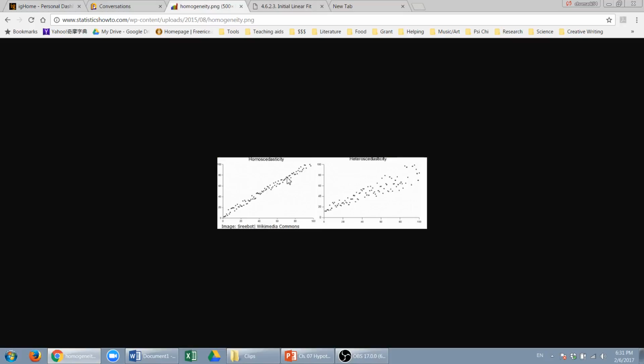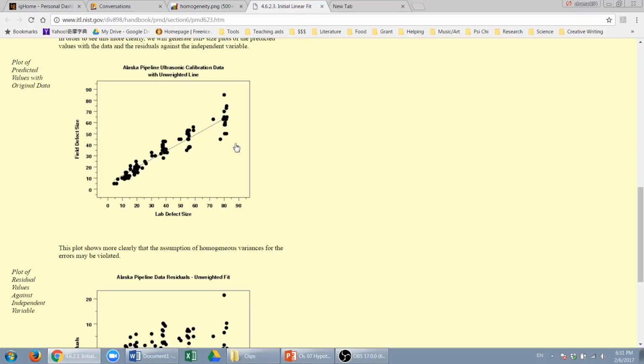This one, you see the data spread out quite evenly, right? Now, how about this one? You see the data kind of cluster around here. And as we go in this direction, the data start to spread out. Then this is not even. This is not homogeneity.